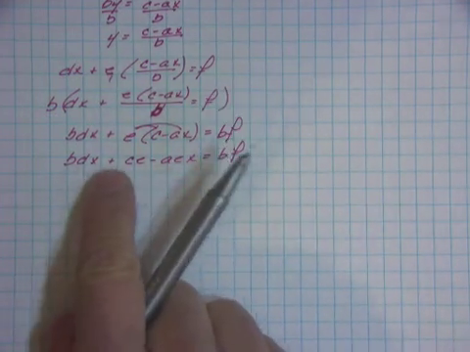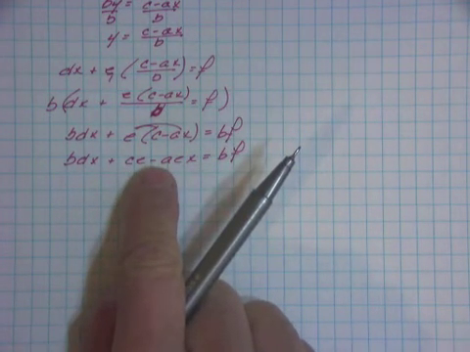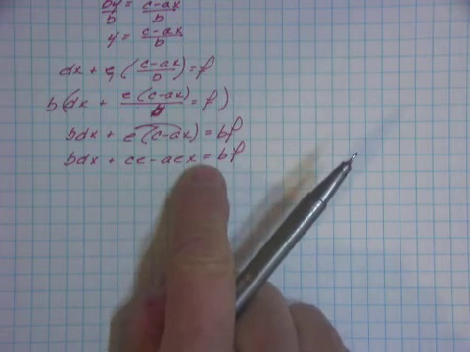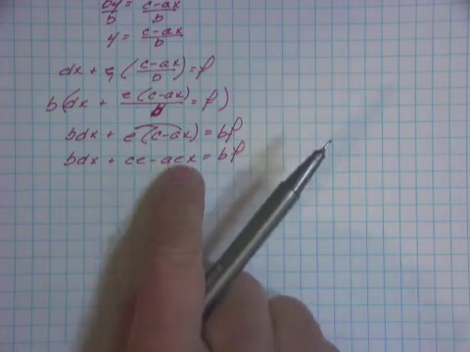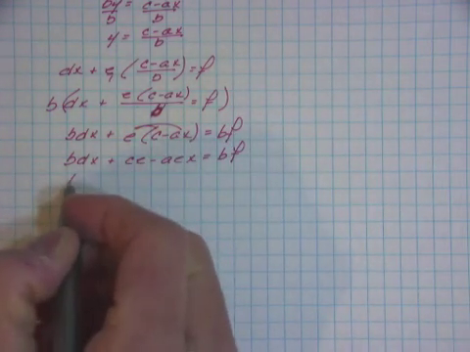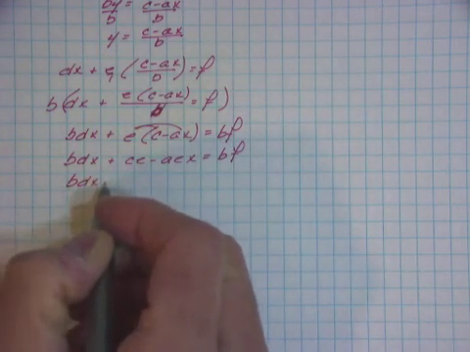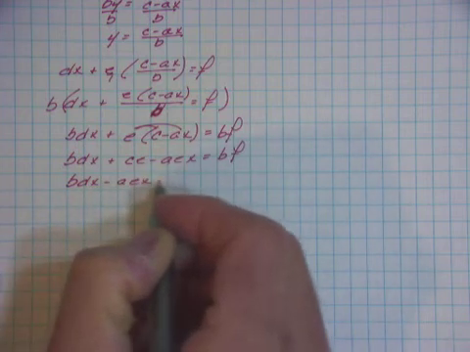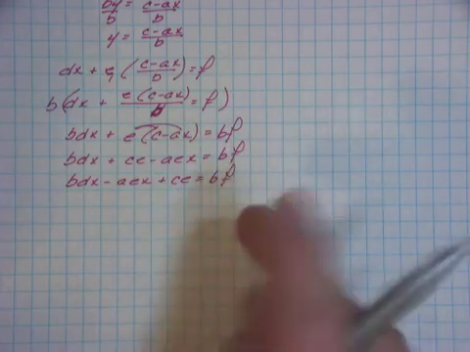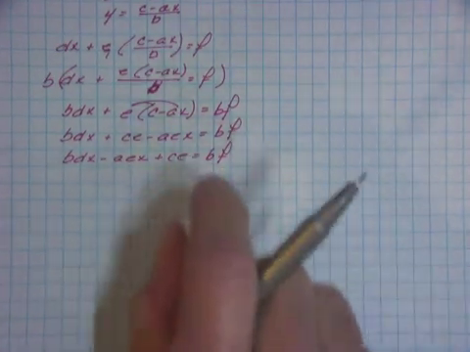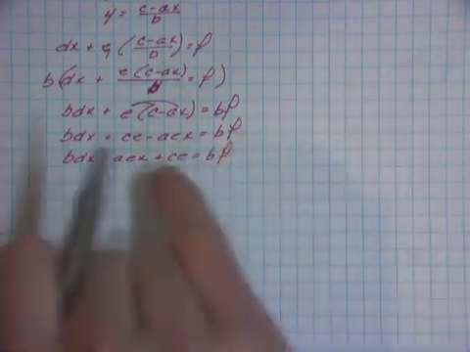Next, I've got bdx plus ce minus aex equals bf. I'm going to rearrange these two terms right here because I want to get the x terms next to each other. So I've got bdx minus aex plus ce equals bf.